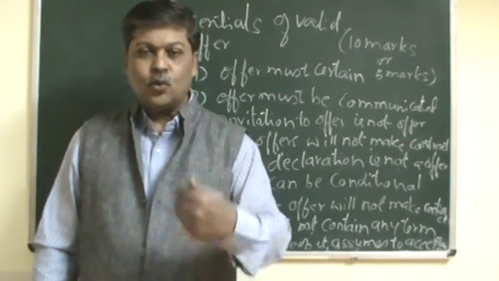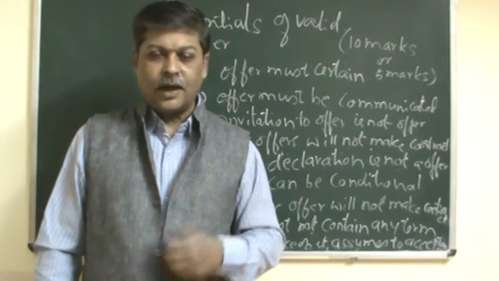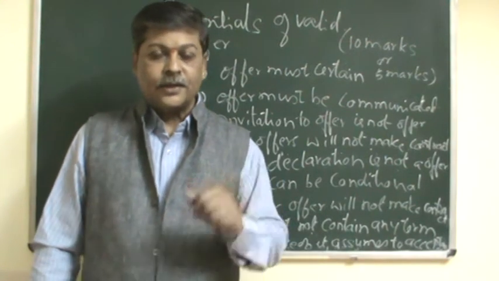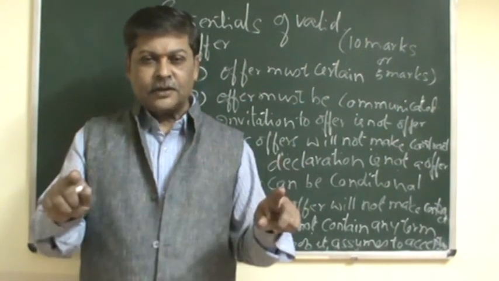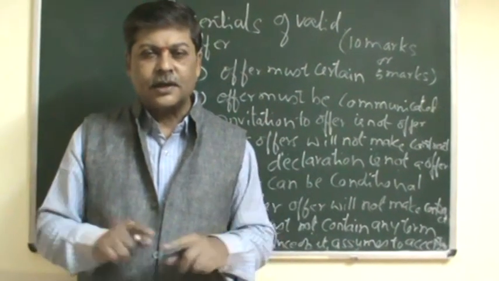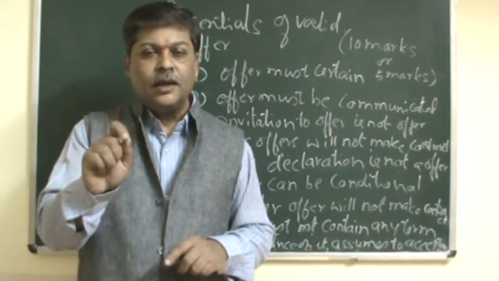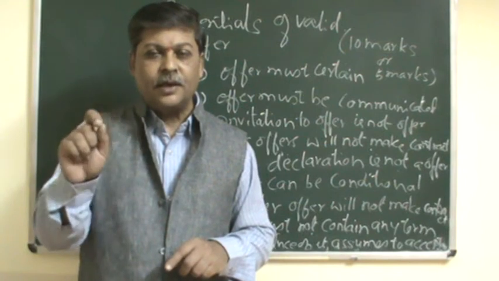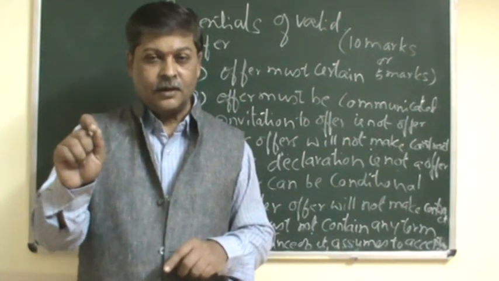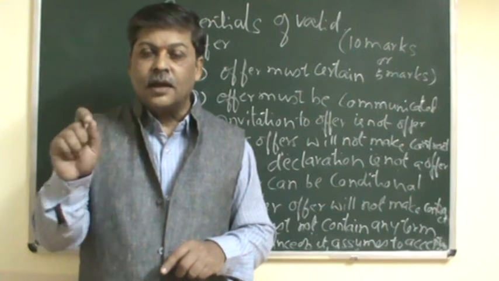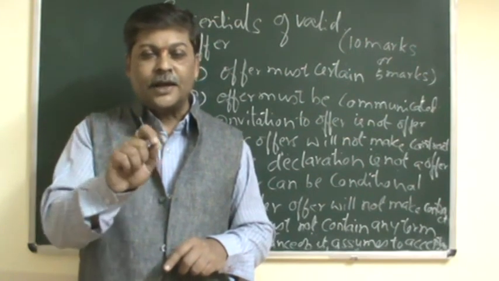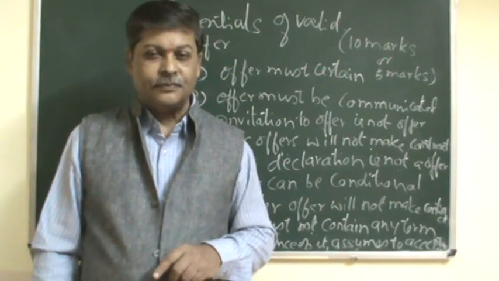For example, when you go to a hotel and ask for a room, at the reception you will find at the back, in big bold letters, written that valuables must be kept in safe custody. Valuables kept in the room, the management is not responsible.